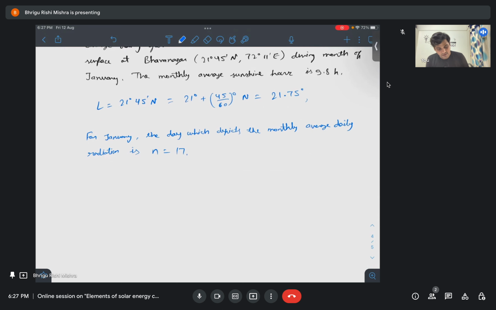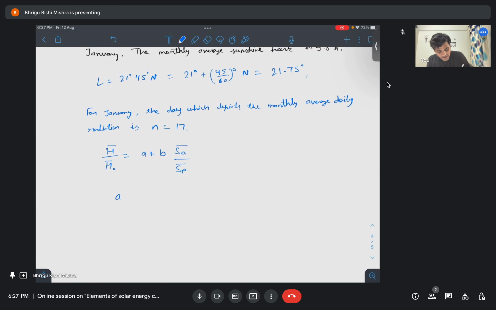Okay, now the formula is H bar by H naught bar equals to a plus b S A bar by S P bar. So for Bhavnagar, the coefficients A and B are given as A equals to 0.28, B equals to 0.47, and from the question it is given that S A bar equals to 9.8 hour.